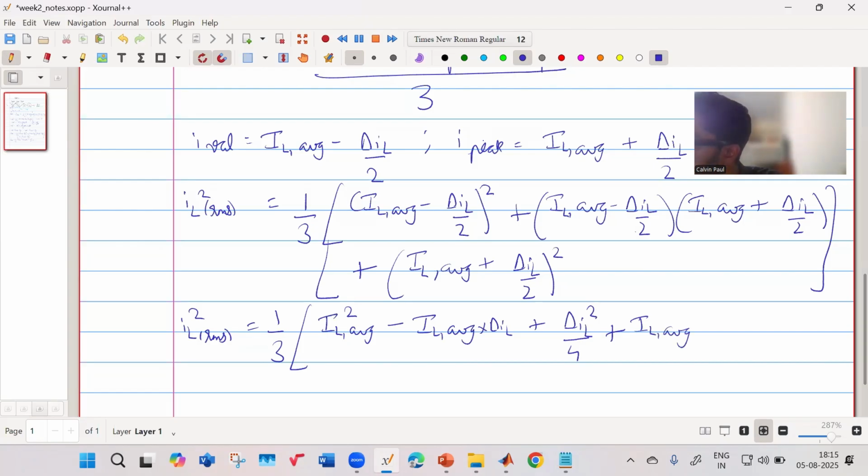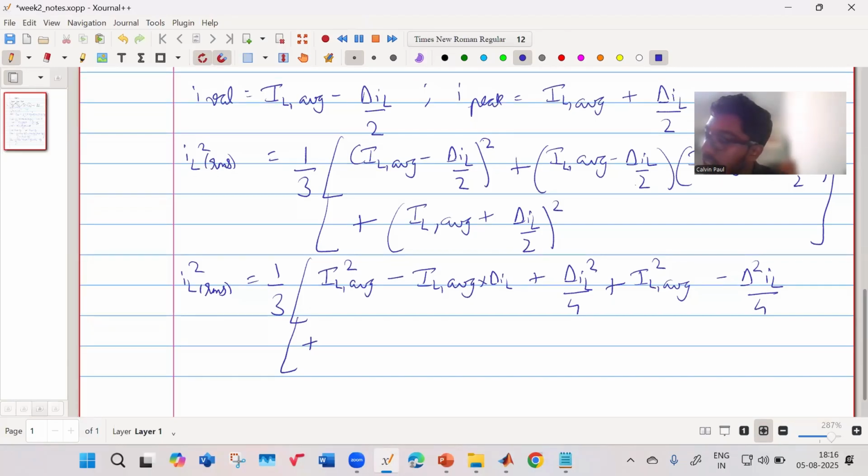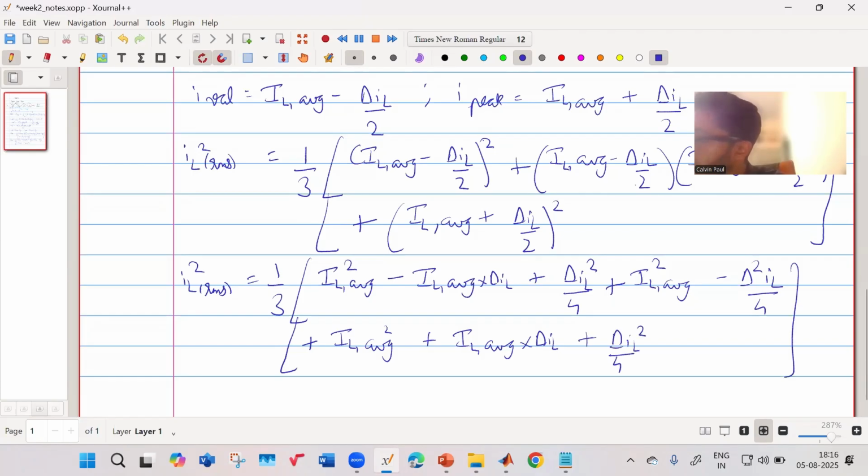So this will be IL average square minus delta IL square by 4. Plus, this is A plus B the whole square, so you have IL average square plus IL average into delta IL plus delta IL square by 4. If you notice, this and this get cancelled.